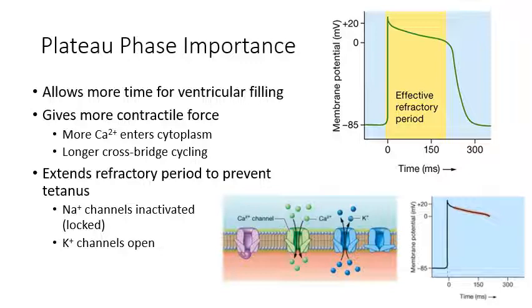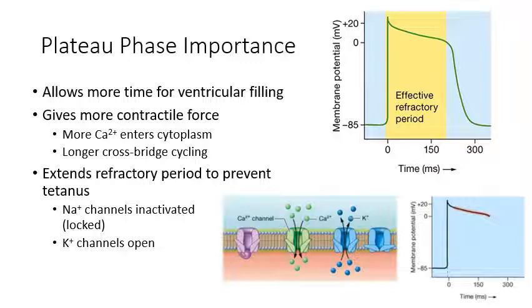So you get more and more calcium building up in the cytoplasm, which means you're going to activate more and more myofilaments, expose more and more actin, and that means you are going to have a much stronger contraction when more myofibrils are involved. It also can give you more time for cross-bridge cycling to occur by just drawing out the time it takes for the action potential to complete.